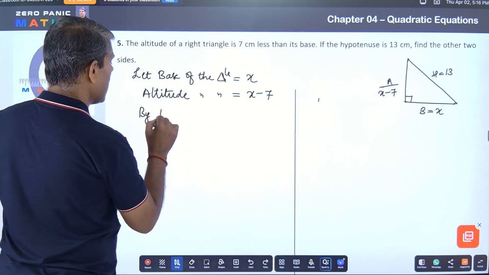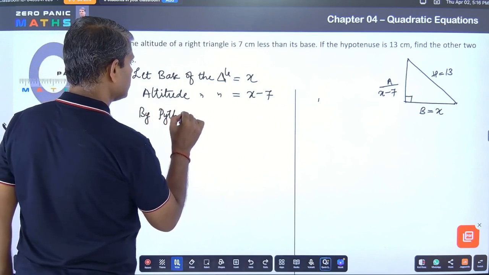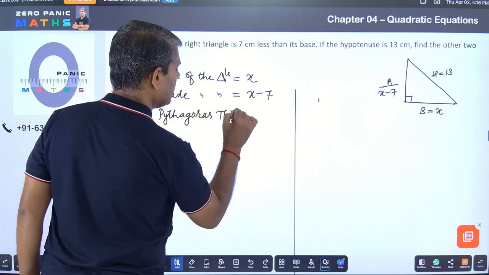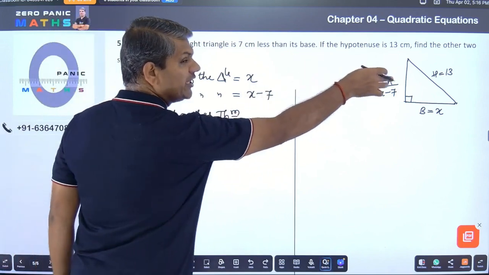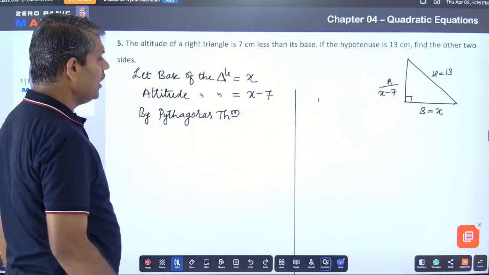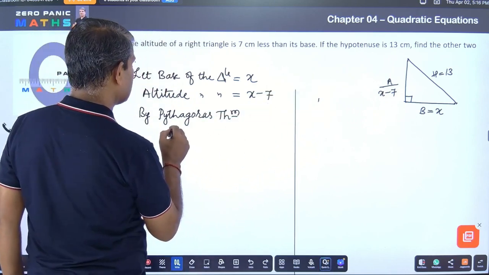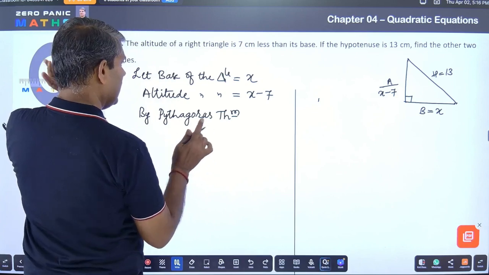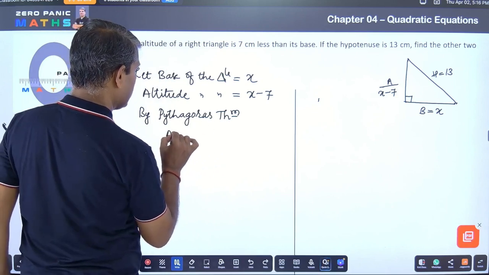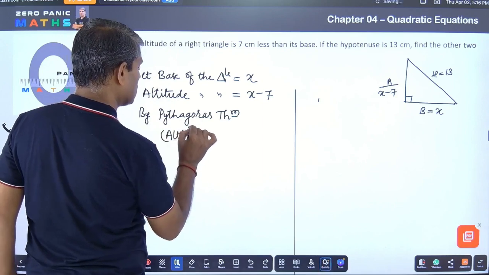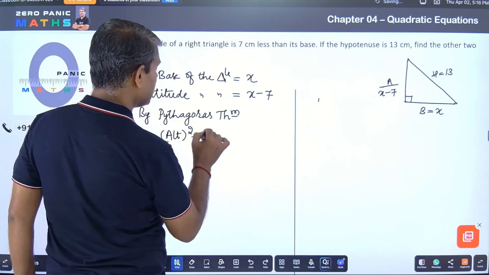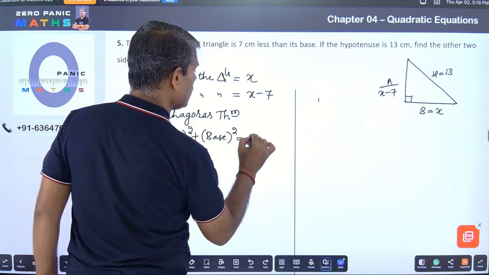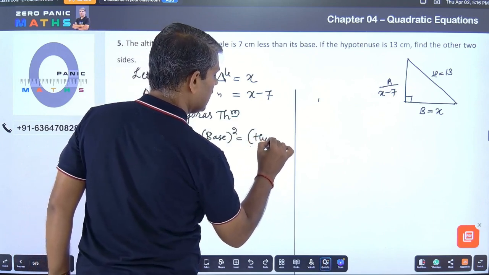By Pythagoras theorem, in the given triangle, altitude square plus base square is equal to hypotenuse square. You can write that.